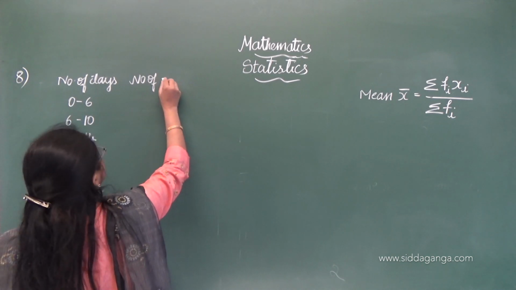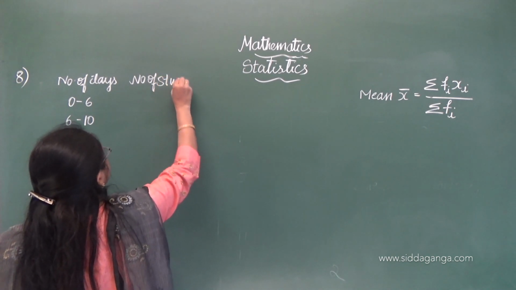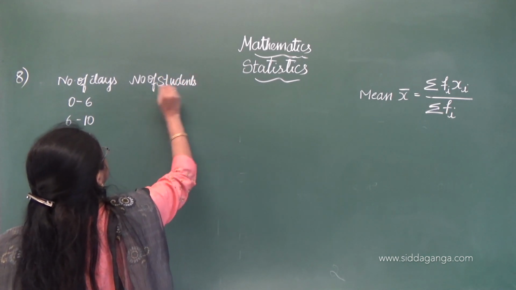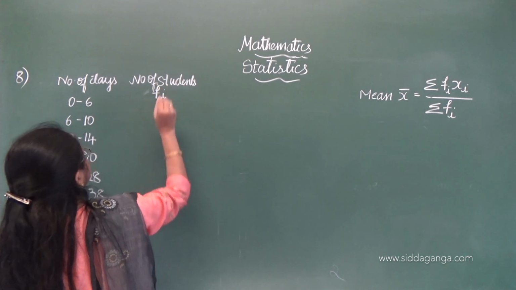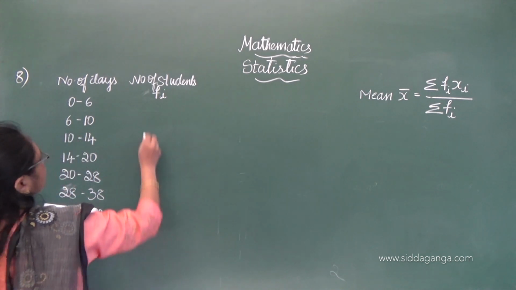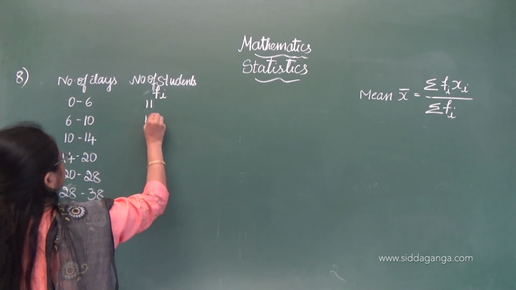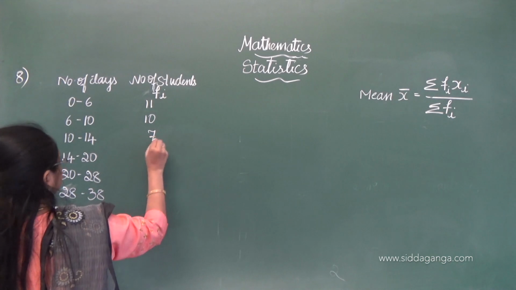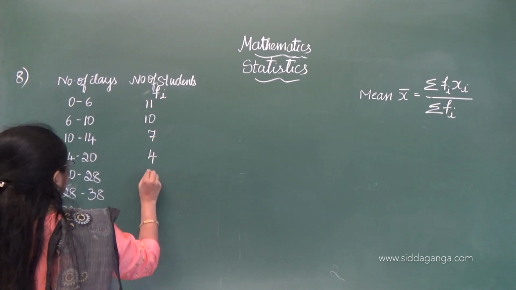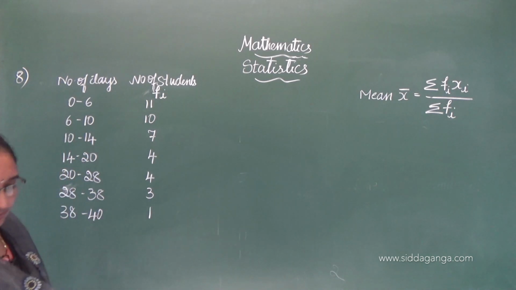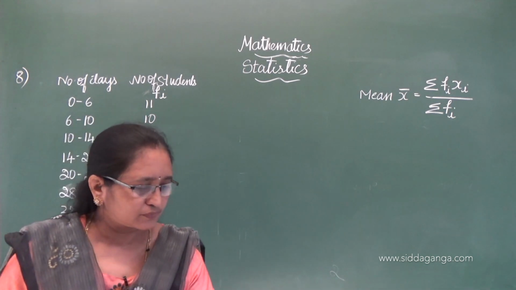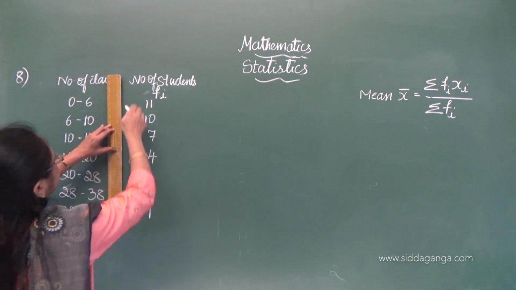Number of students, this is fi: 11, 10, 7, 4, 4, 3, 1. Now we shall draw the line.